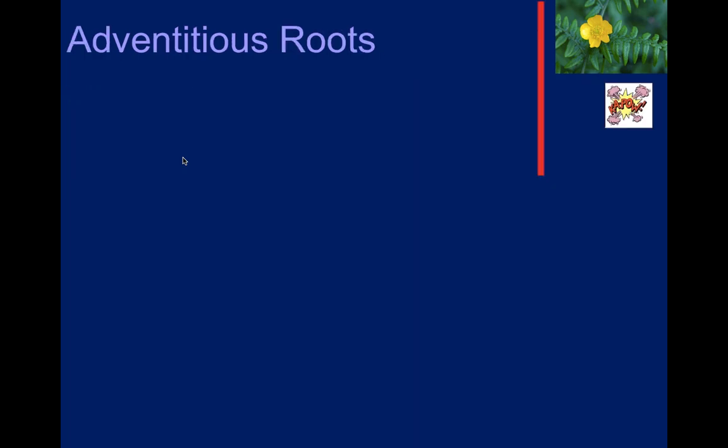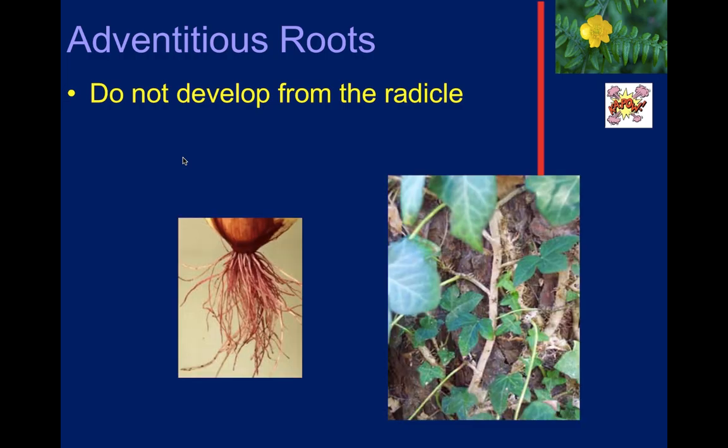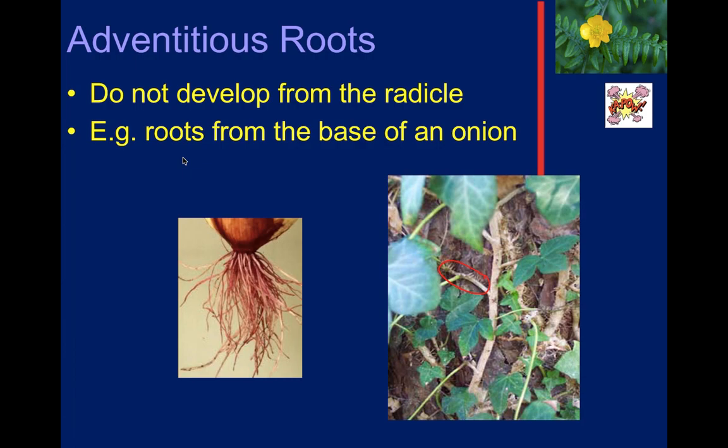So the third type of root, and it's not really a root in the true sense, is called adventitious roots, and these guys don't develop from your radicle. The most common one, or the one you probably would be most familiar with, is if you've ever tried to take ivy off anything, there are all these little roots that make it attach to trees, to graves, whatever it is you're trying to remove it from.